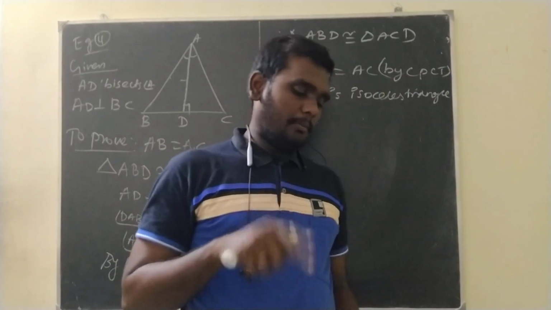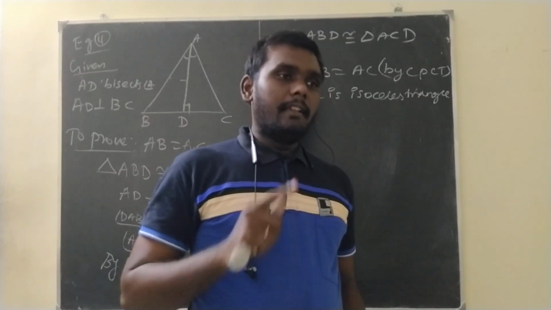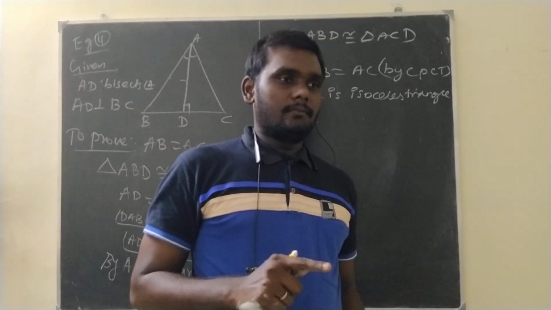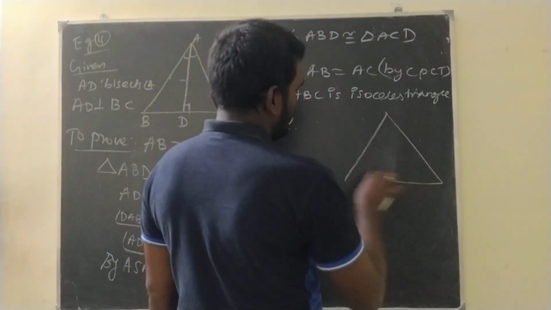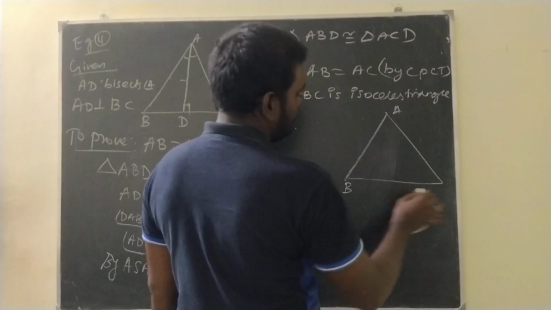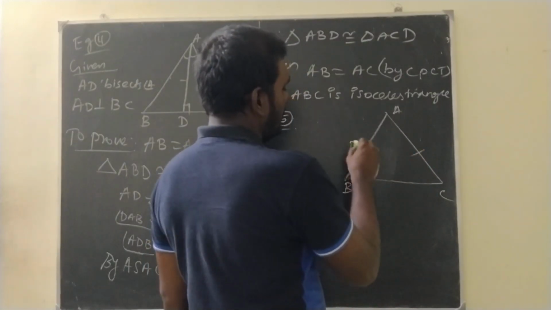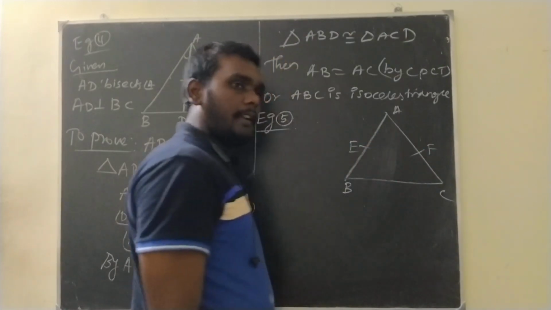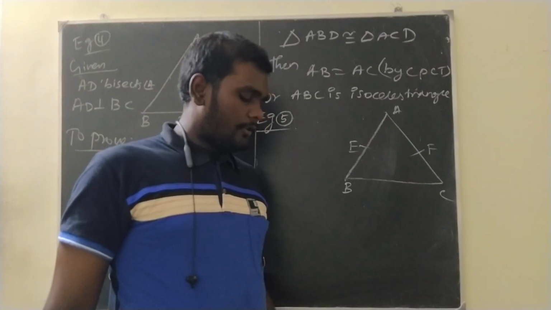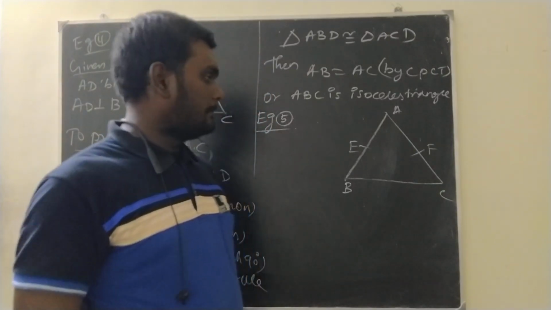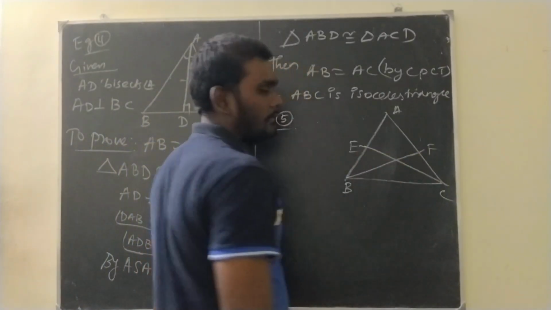So, there is a triangle ABC, in which AB and AC are equal and E and F are midpoints of them. We need to show that BF is equal to CE. BF means B connected with F, and C connected with E.